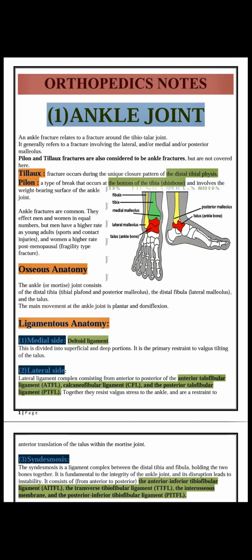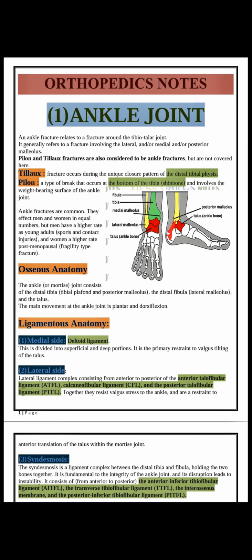Two ligaments lie anterior and posterior to the talus. The calcaneus can also be related to the fibula, forming what's called the calcaneofibular ligament. So over the lateral aspect, you have three ligaments: anterior talofibular, posterior talofibular, and the calcaneofibular ligament.